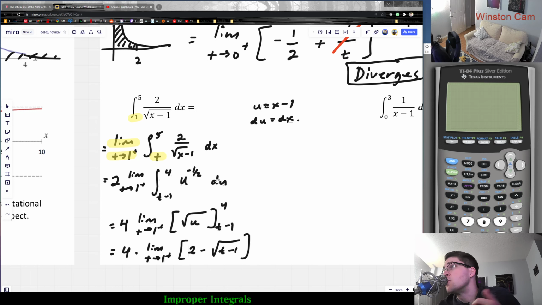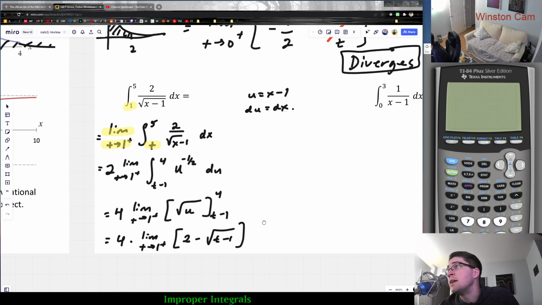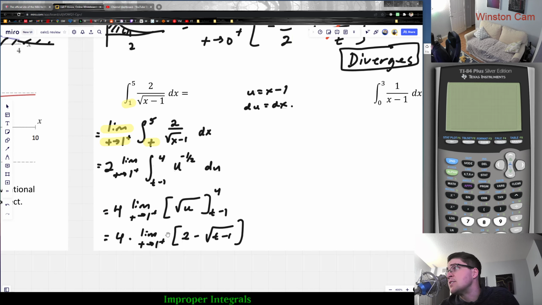Now what I need to do is figure out the limit. The limit of a constant is a constant. And now what I'm looking at is the limit as t approaches 1 from the right of the square root of t minus 1. This limit is 0. And again, the right-hand limit is very important. If there was not a right-handed limit, this limit would not exist. So be careful.